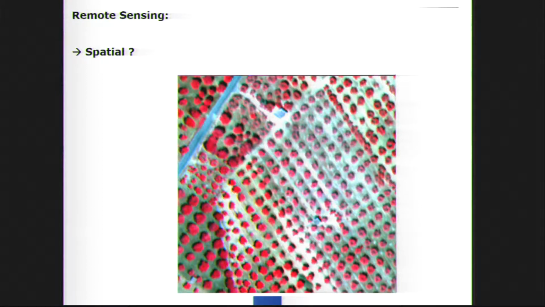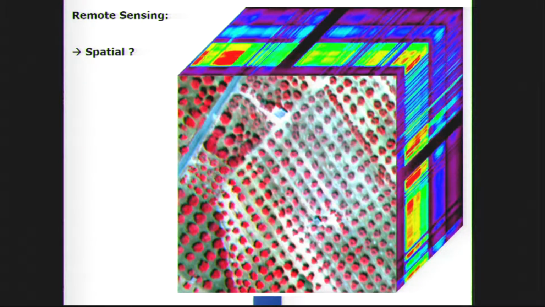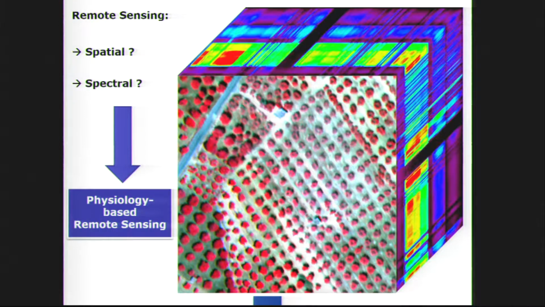In this field, we see some trees which are visually affected, some others are visually healthy. But the actual value of the hyperspectral remote sensing that we do in the context of stress detection and early detection of diseases is more spectral than spatial.